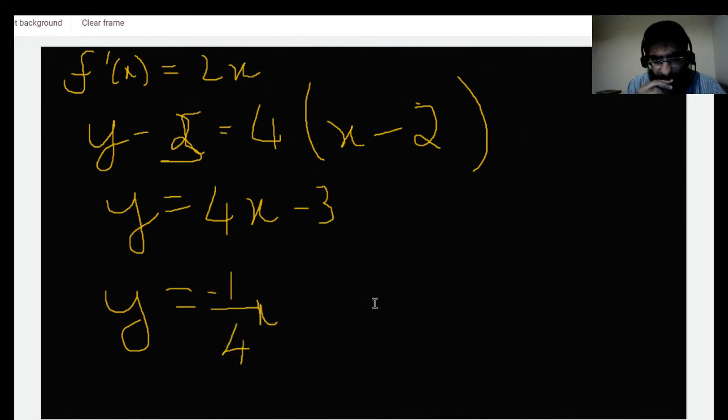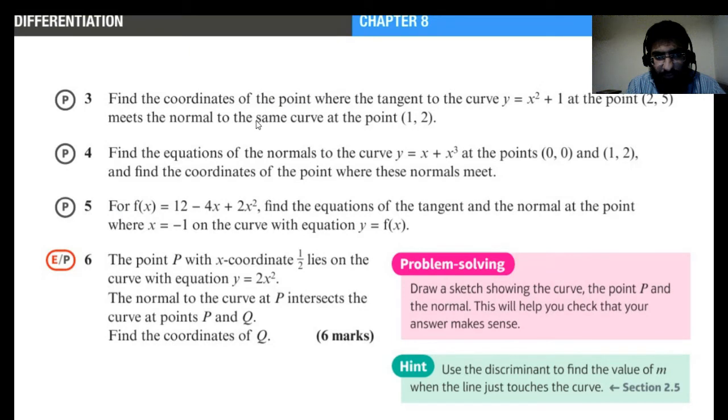Then for the normal, the gradient will be minus 1 over this thing. The normal is not at 2,5.